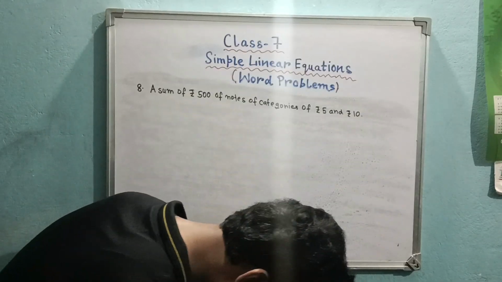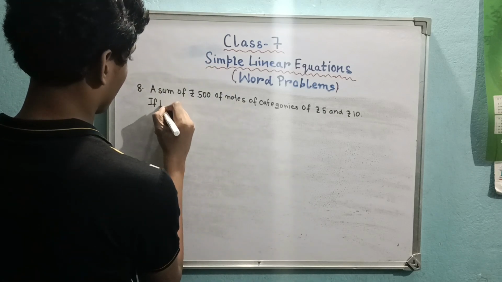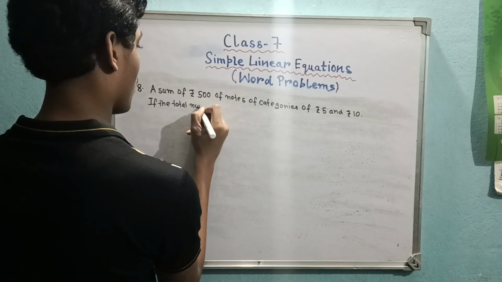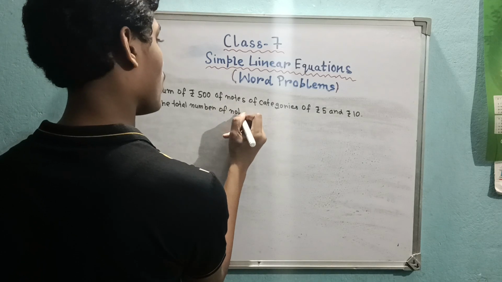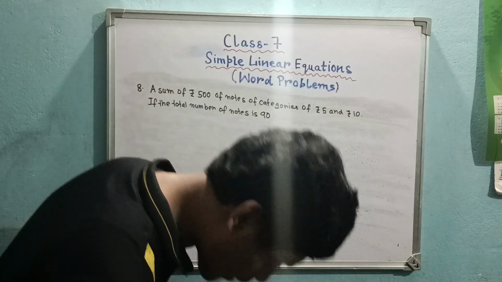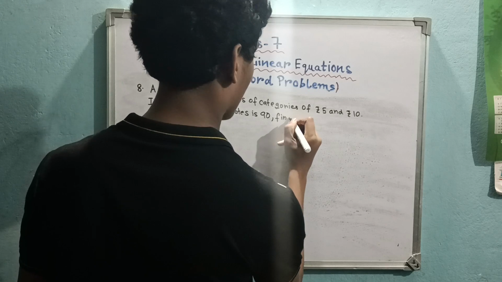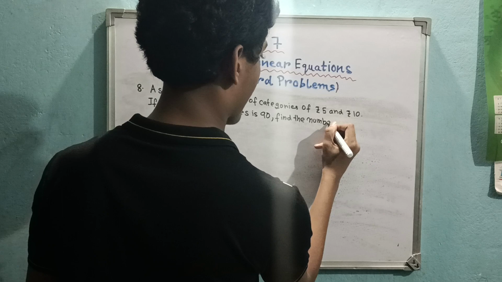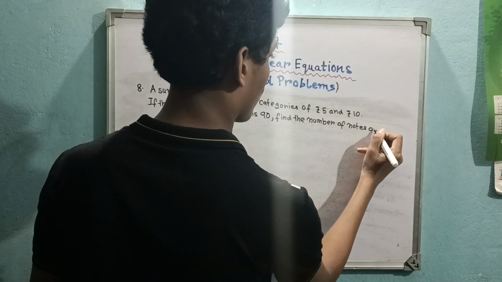If the total number of notes is 90, then find the number of notes of each type.